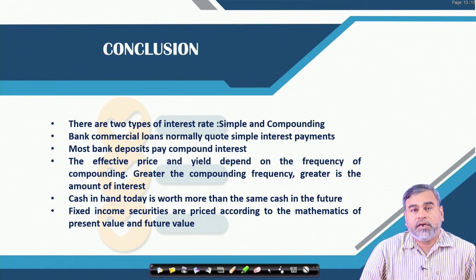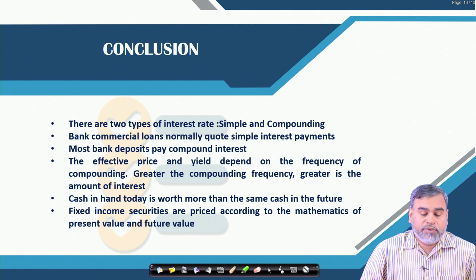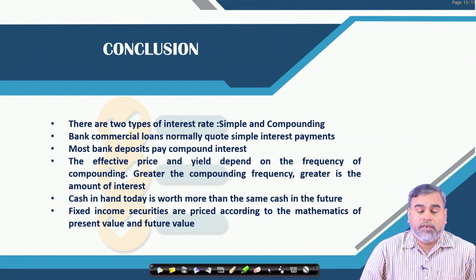The fixed income securities are priced according to the mathematics of present value and future value, and the value of a particular bond is nothing but the present value of the future cash flows we get from that investment.